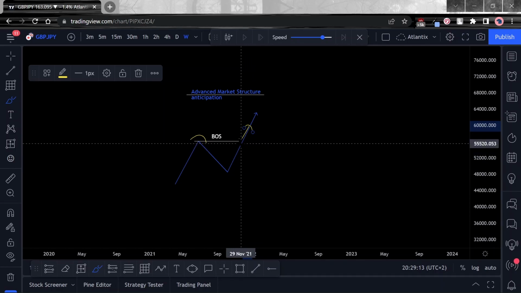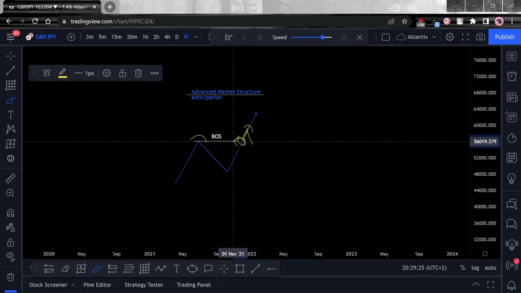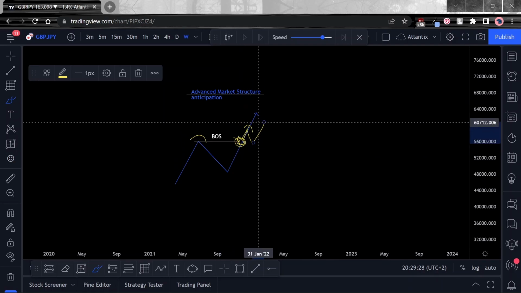So sometimes before the move continues, it generates more liquidity to go up by pulling down, stopping out everybody who had buy stop orders here, and then continuing up.